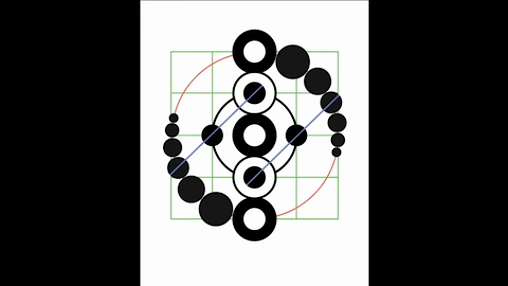Next slide. The next slide is this one. When I put this together, I noticed entirely by accident that the third circle, 1, 2, 3 down, and the third circle here, 1, 2, 3, was our standard circle, diameter 1.